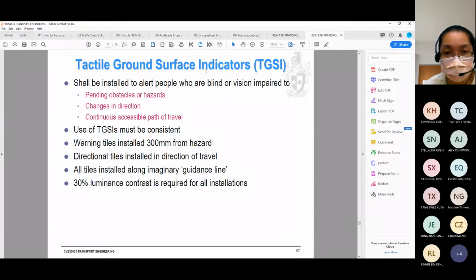These are for visually impaired persons. TGSI would then warn of any pending obstacles or hazards in front, if there is any change in direction or continuously accessible path of travel, to assure them of that.